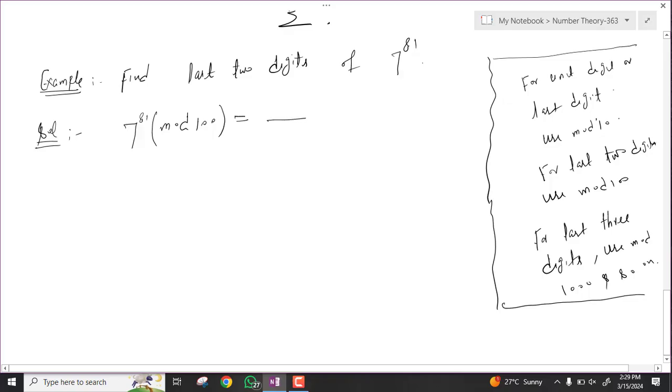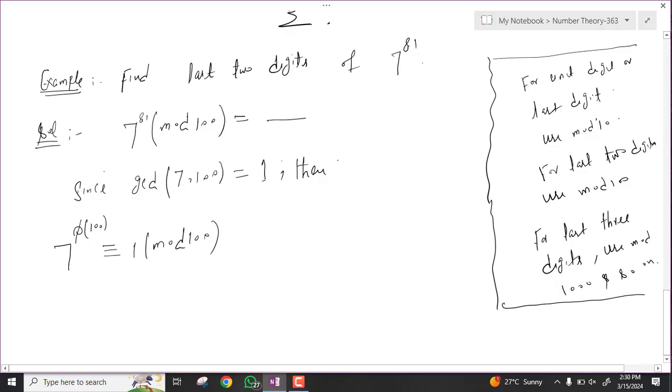Now since GCD of 7 and 100 equals 1, by Euler's theorem, 7 power phi of 100 is congruent to 1 mod 100.